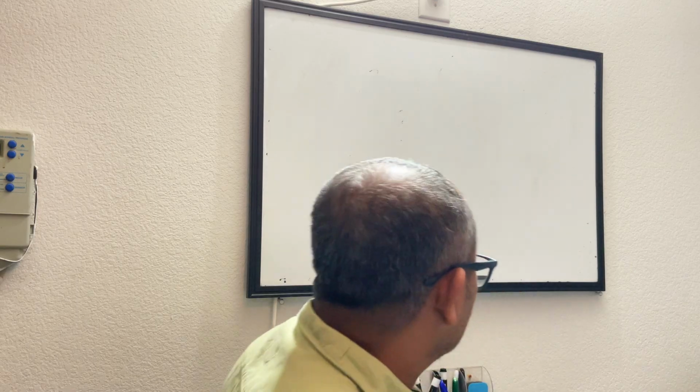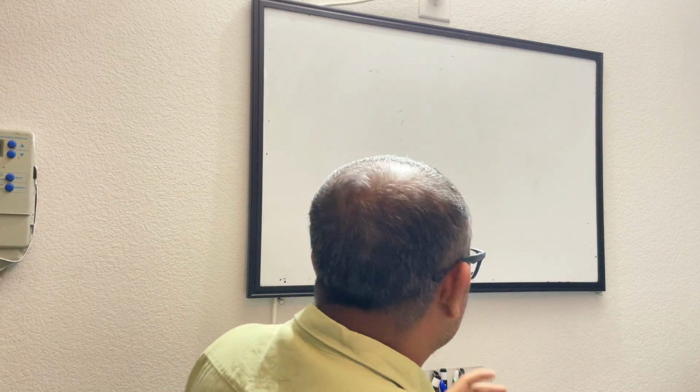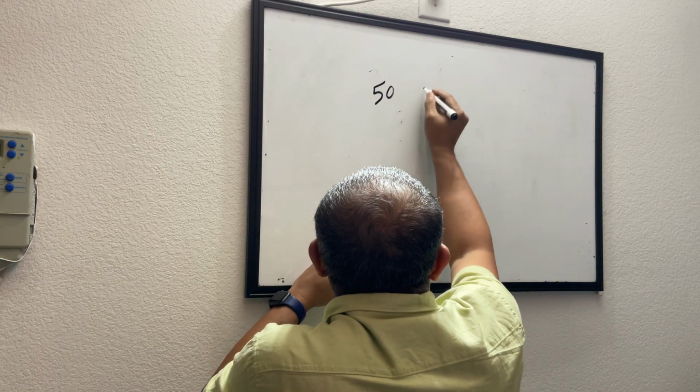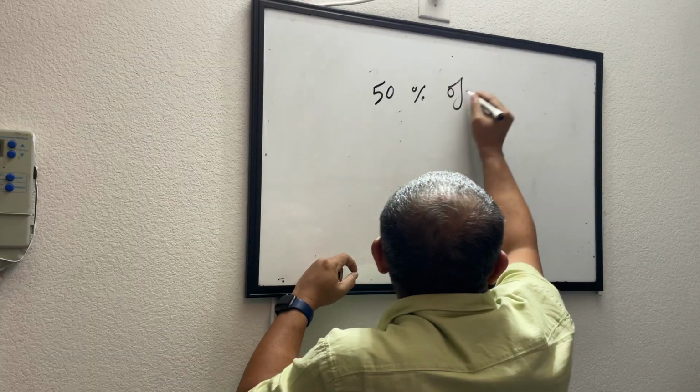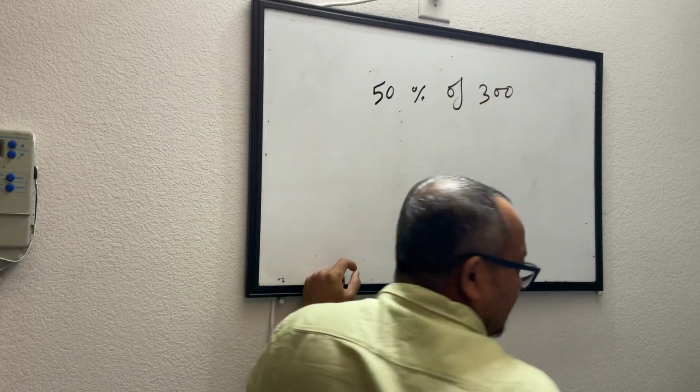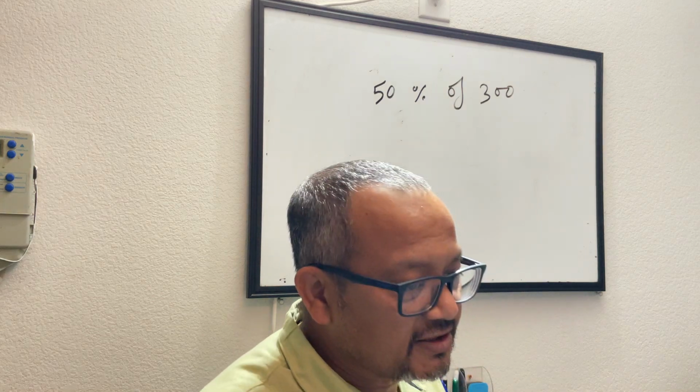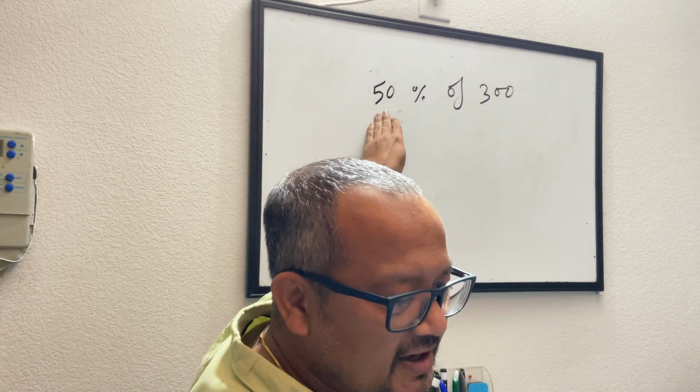Okay. So, simple thing. When it comes to percentage, there's no math, it's all English, okay? If somebody says find out how much is 50% of 300, this is English, okay?